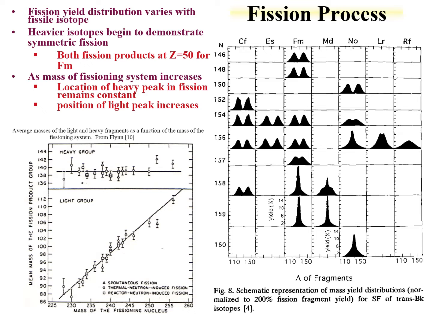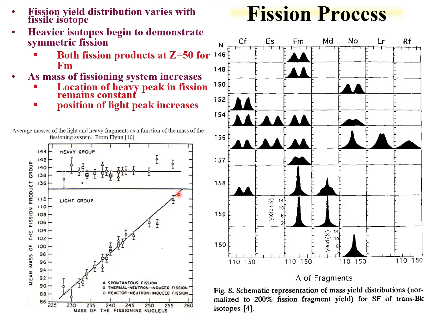As we've already seen for uranium-233, uranium-235, and plutonium-239, the fission yield distribution actually varies with the fissile isotope. With the previous isotopes we mentioned, the uranium and plutonium isotopes, that variation was rather small. But we can imagine, as shown here, as I start to increase the mass of the fissioning nucleus, the heavy curve remains constant and the light continues to increase.